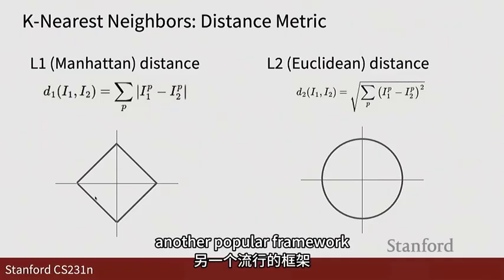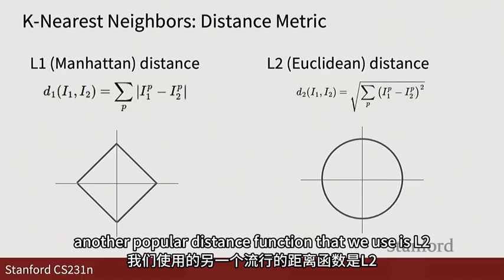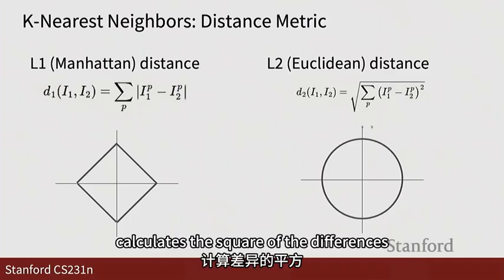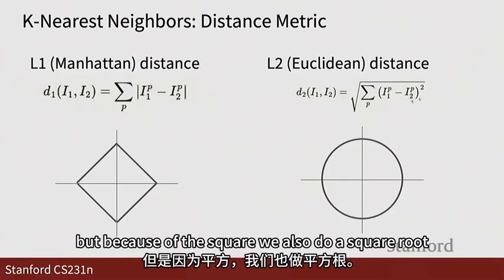Another popular distance function that we use is L2, which instead of the absolute value, calculates the square of the differences, sums it up, but because of the square, we also do a square root.